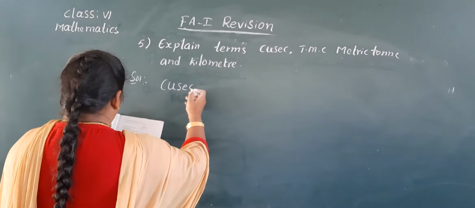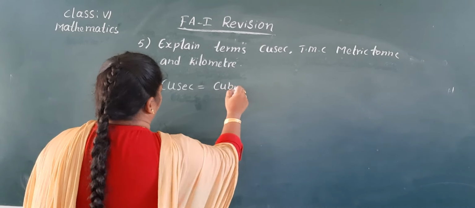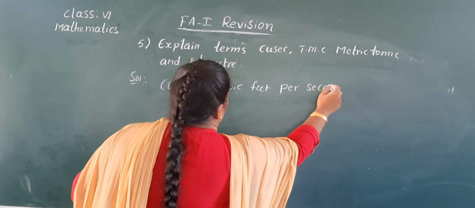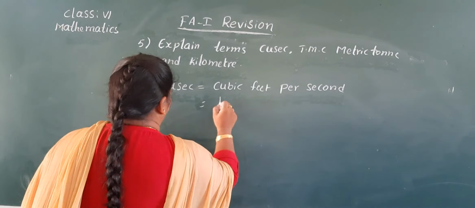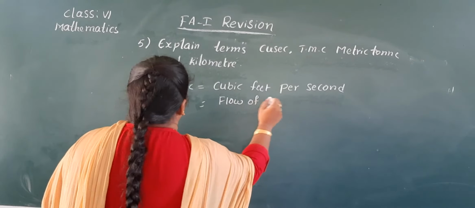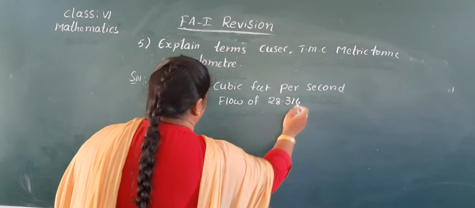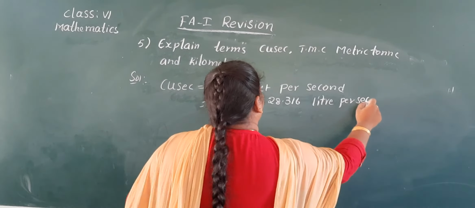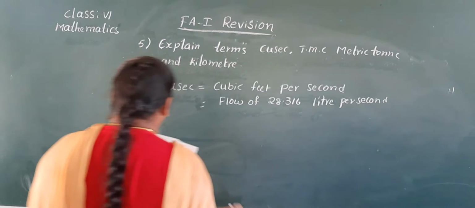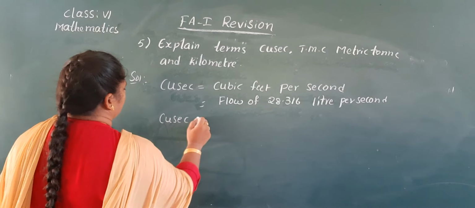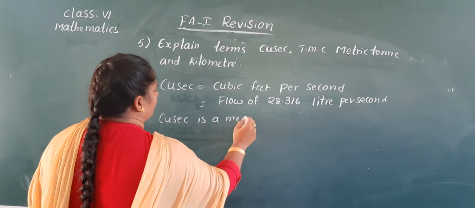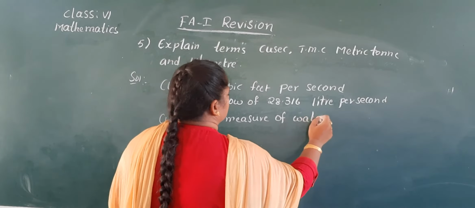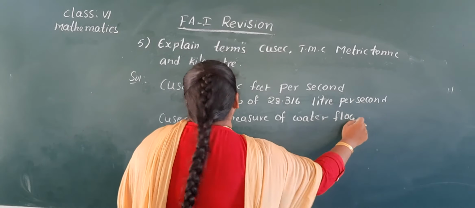Cubic equal to cubic feet per second, and flow of 28.316 liters per second. Okay? And it is generally used. Cubic is a measure of water flow.